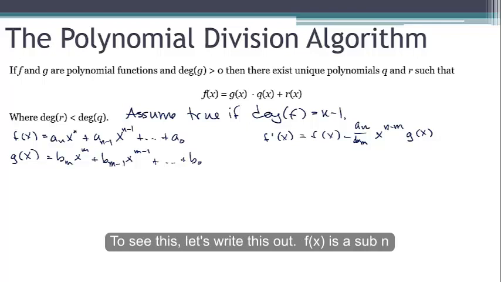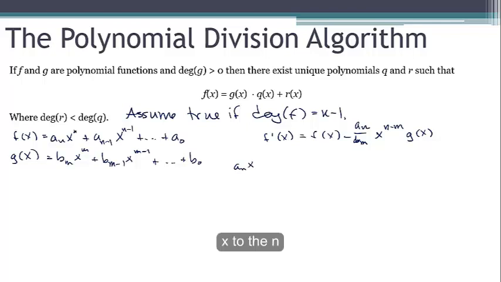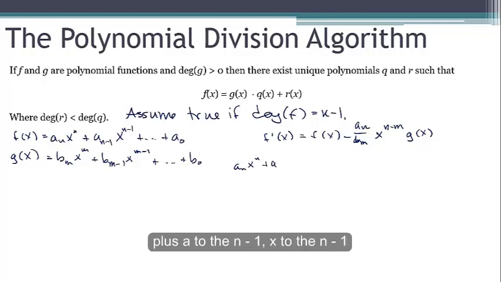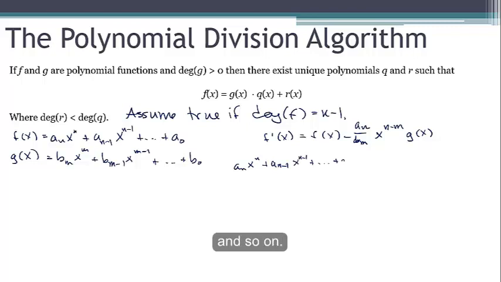f of x is a sub n, x to the n, plus a sub n minus 1, x to the n minus 1, and so on. All right, and this is minus a sub n over b sub m, x to the n minus m, times g, and g is b sub m, x to the m plus b sub m minus 1, x to the m minus 1 out to b sub 0.